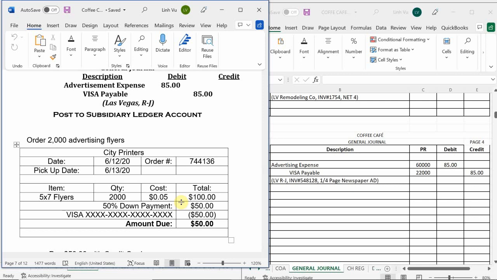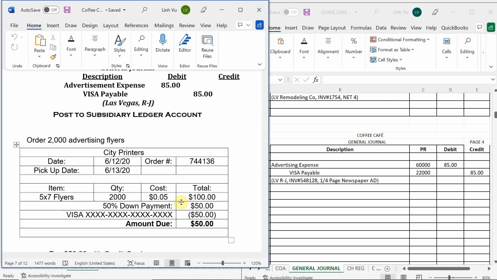Now, City Printers, as you can see here on the invoice, we purchased it on the 13th, and they told us you could pick it up within 24 hours because it's a 24-hour turnover rate to pick up the 2,000 flyers. However, they requested that if you want us to print these flyers for you, I expect a down payment of 50%.